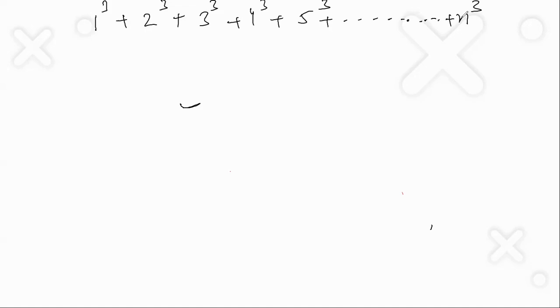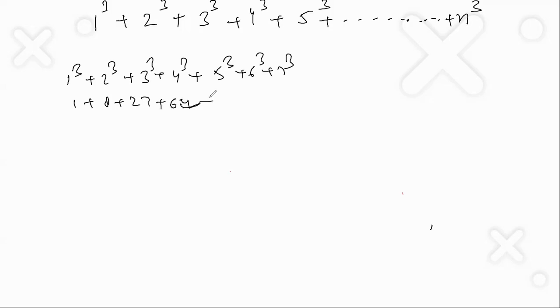Now, the first question is why we are doing it. Suppose we have to find the sum of the cubes of the first 7 terms, 1 cube plus 2 cube plus 3 cube plus 4 cube plus 5 cube plus 6 cube plus 7 cube. If we don't have a formula, what will we do? 1 cube is 1, 2 cube is 8, 3 cube is 27, 4 cube is 64, 5 cube is 125, and up till 7 cube. Then after opening the cubes, we have to add all the values, so it will take too much time.